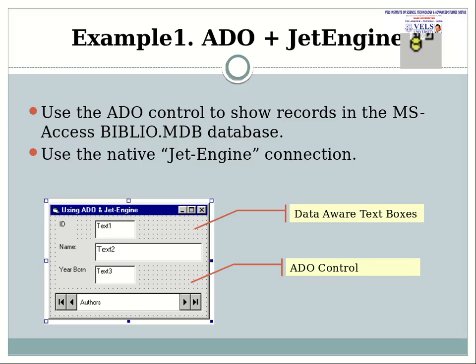The first one uses the ADO control to show the records in MS Access, in the particular database named biblio.mdb. With the native connection, the connection name is the Jet engine connection. Design a form with ID, name, year born, and the ADO data control tool.